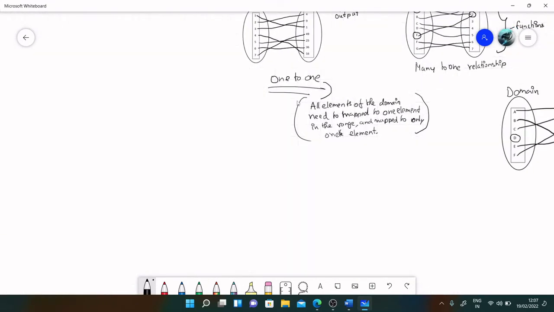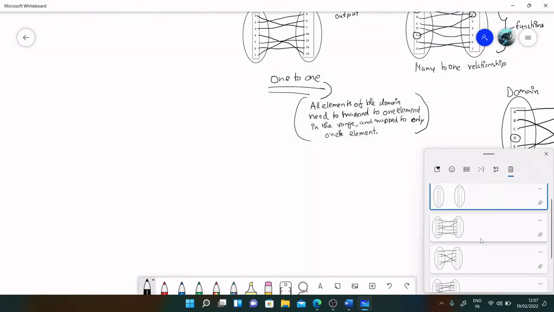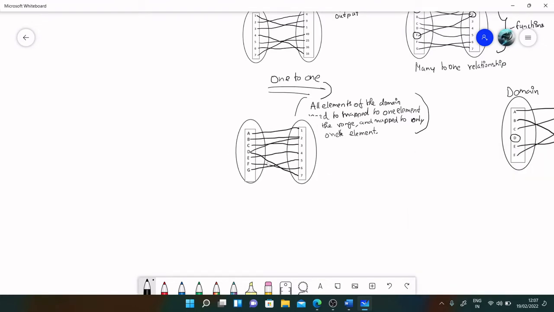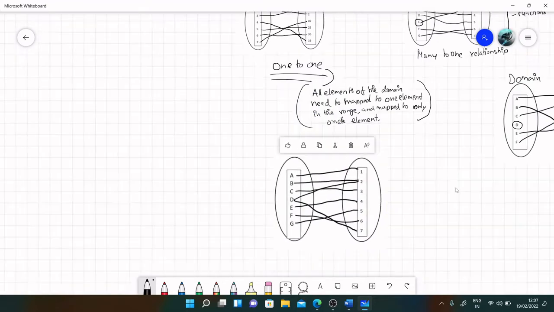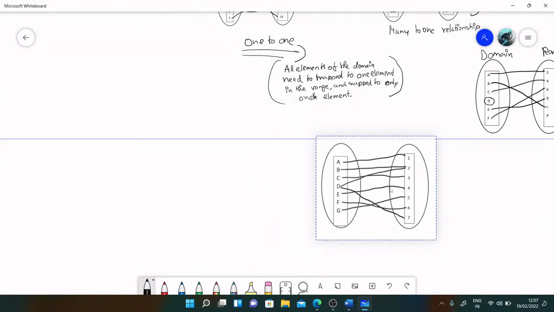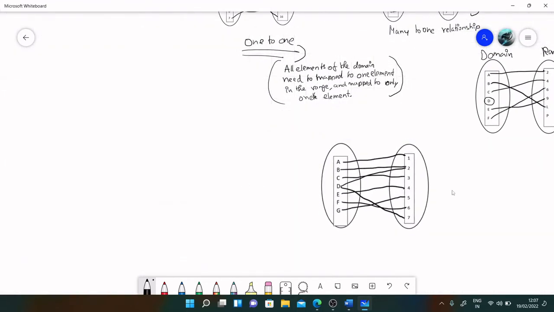Let us look at another function, one last one. The domain is here and the range is here.